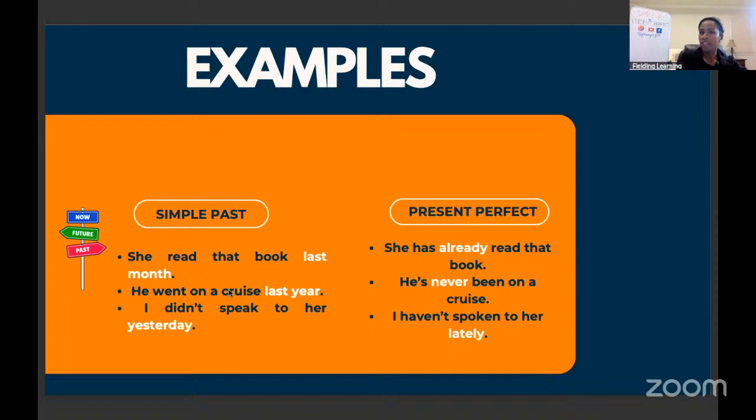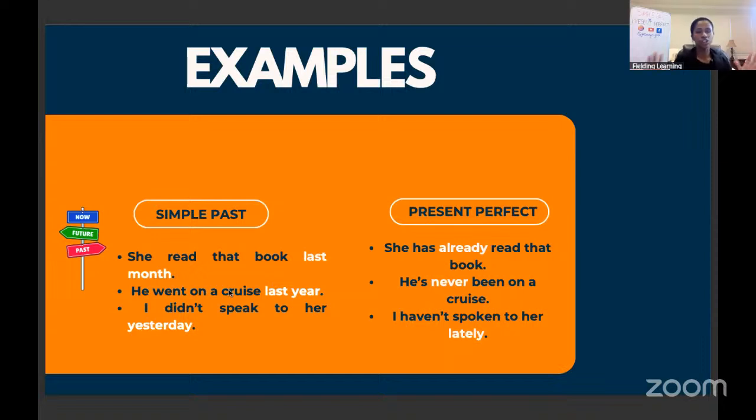Now for the present perfect. So first of all, you have to use the have or has for the third person, he, she, or it. And then you're going to use the verb in the past participle. And you can use those that are not exactly time markers, because you don't have specific time markers on a present perfect phrase.